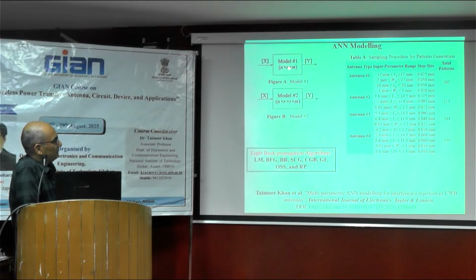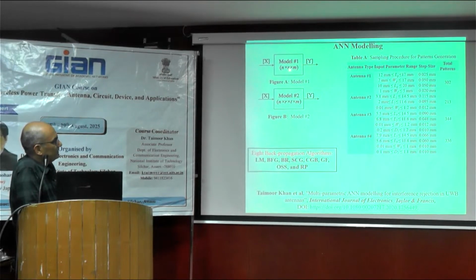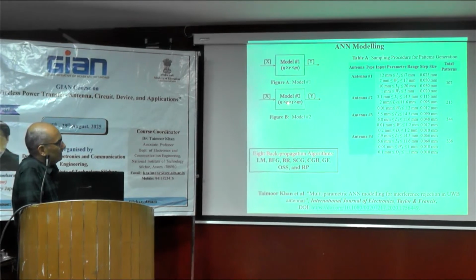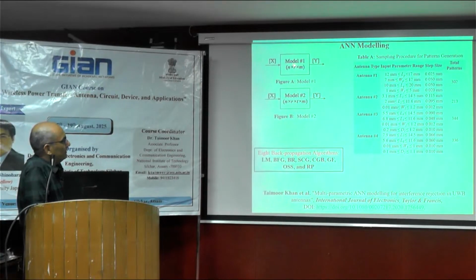Two models, model 1 and model 2: one has a single hidden layer, the second has two hidden layers. How the performance changes with different numbers of neurons in the hidden layers in the two cases, we'll see later. A total of 7 algorithms, 1 2 3 4 5 6 7, are used or tested.